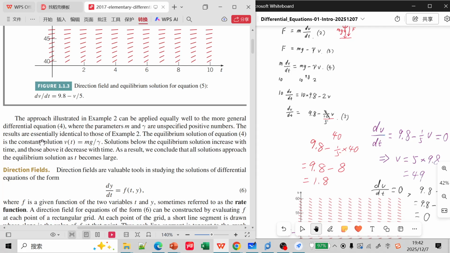The results are essentially identical to those of example 2. The equilibrium solution of equation 4 is the constant solution v of t equal to m times g over gamma. So how does it come about?